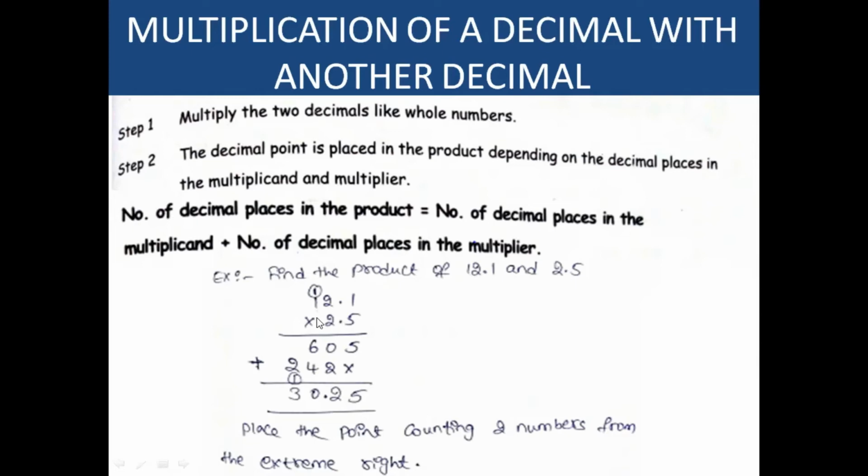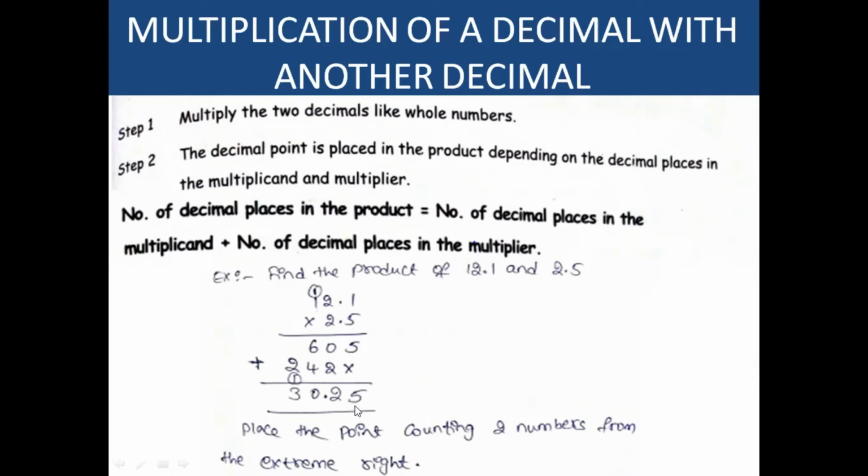We are multiplying decimal with decimal. 12.1 into 2.5. 5 into 1, 5. 5 twos are 10. 1 borrow. 5 ones are 5. Plus 1, 6. 2 ones are 2. 2 twos are 4. 2 ones are 2.